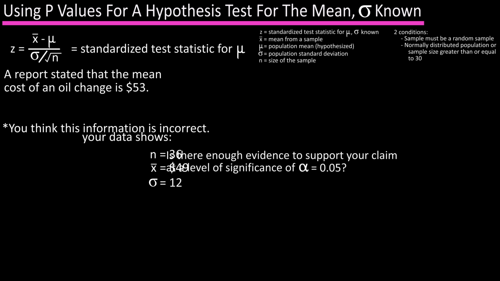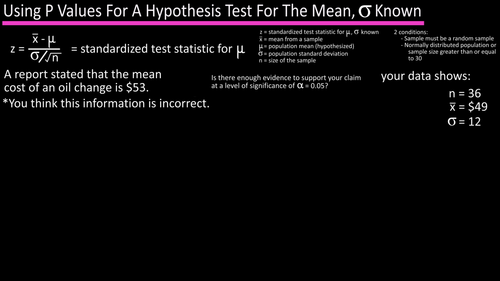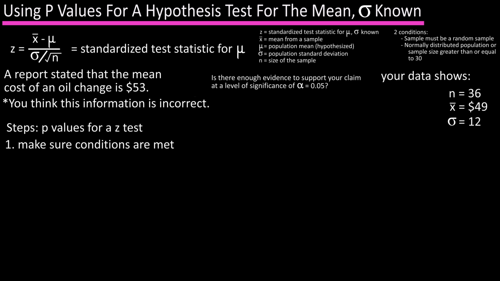So when using p-values for a z-test for a mean, it's good to go through a list of steps. Step 1 is to make sure the conditions for using the formula are met. The sample is a random sample, and the sample size, n, is 36, so n is greater than or equal to 30. Step 2 is to write out the claim and identify the null and alternative hypotheses.